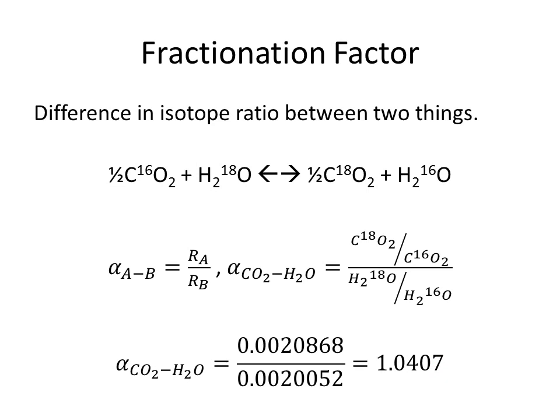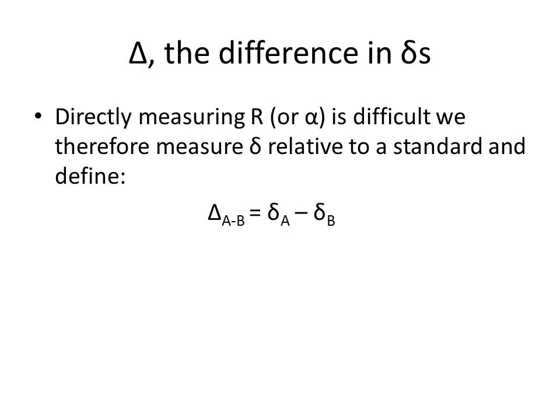What this means is that, rather than being evenly distributed between the CO2 and the water, the heavy isotope, the O18, is preferentially held in the CO2. So that's the fractionation factor.